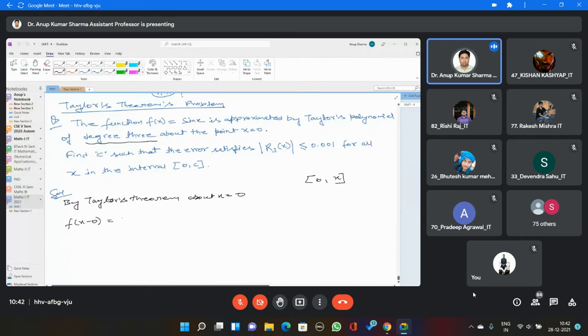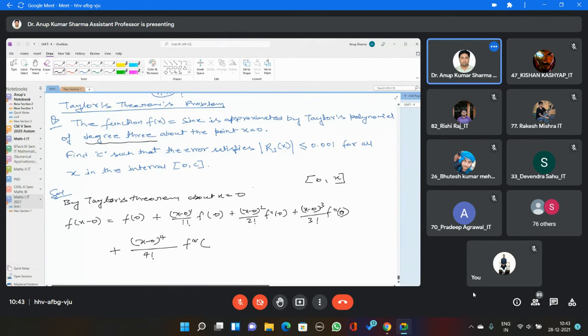Okay, now this is f(0), plus next is x minus 0 power 1 upon factorial 1 f dash of 0, plus x minus 0 whole square upon factorial 2 f double dash of 0, and x minus 0 whole cube upon factorial 3, and plus now the next term, the remainder, is x minus 0 power 4 upon factorial 4, and, I forgot to write here the third derivative, f triple dash of 0, and here is the fourth derivative, that is the remainder term.